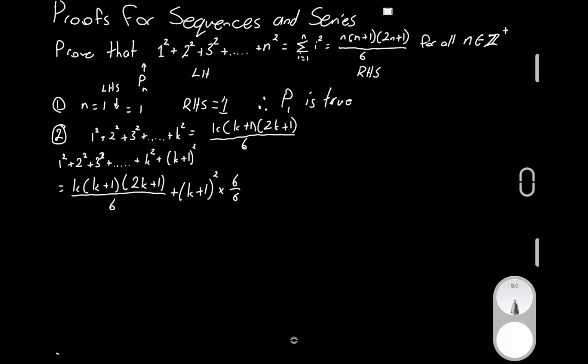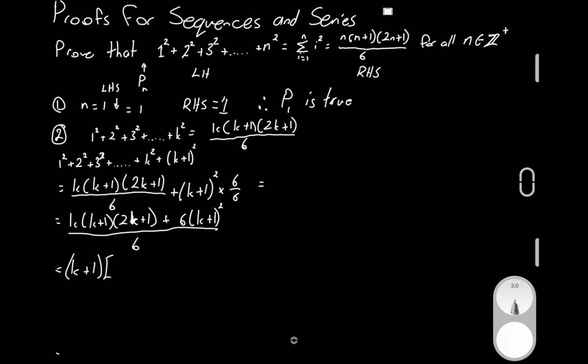So this will become k plus 1 times 2k plus 1 plus 6 times k plus 1 squared, all divided by 6. We can see that we've got a common factor of k plus 1, so we can take that out the front. I'm going to use square brackets here because there's going to be a lot.